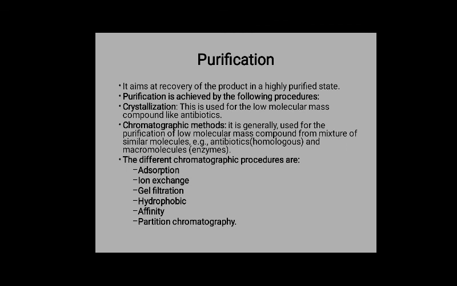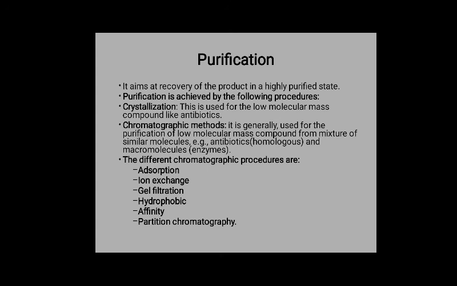Next, when the isolation has been achieved, after that the product has to be purified. Now the aim of the purification step is to recover the product in the highest purified state. It is achieved by crystallization of the product and is mostly used for low molecular mass compounds like antibiotics. It can also be achieved by the chromatographic methods.